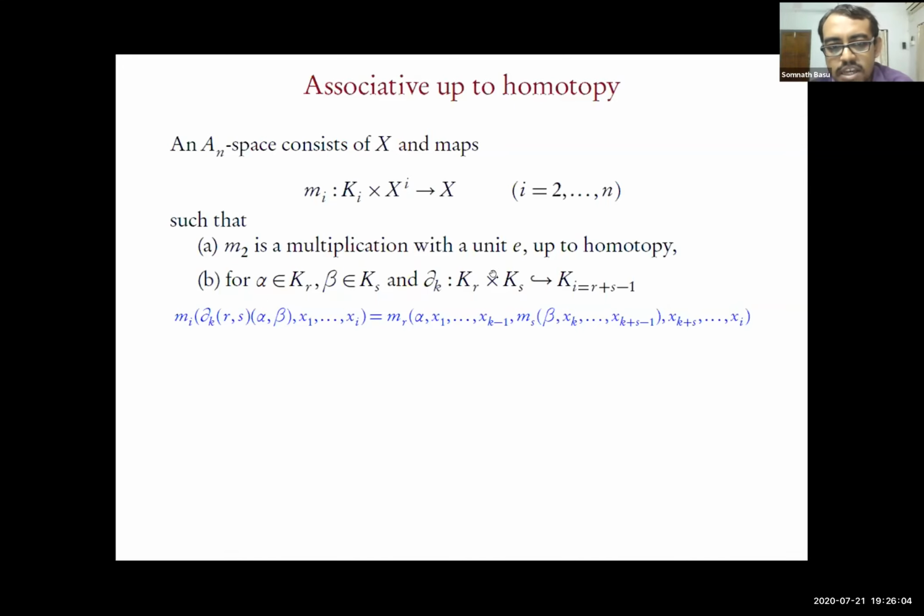It says these Ki's are somewhat prescribed. If you take any Ki, then each face of Ki will have things of the form Kr cross Ks. And this is just saying that if you restrict the Mi onto the boundary of Ki and combine them, it's amounting to computing the Mi's using the previous data.